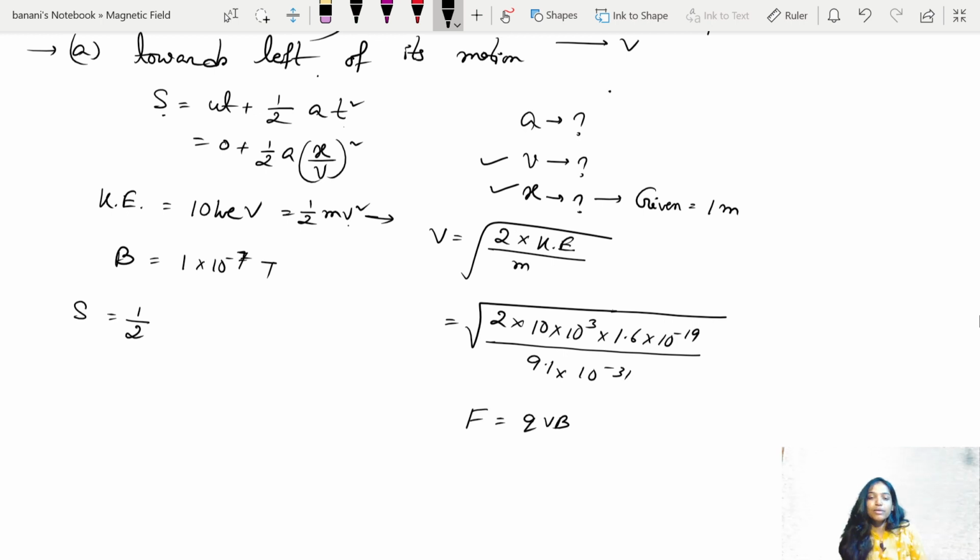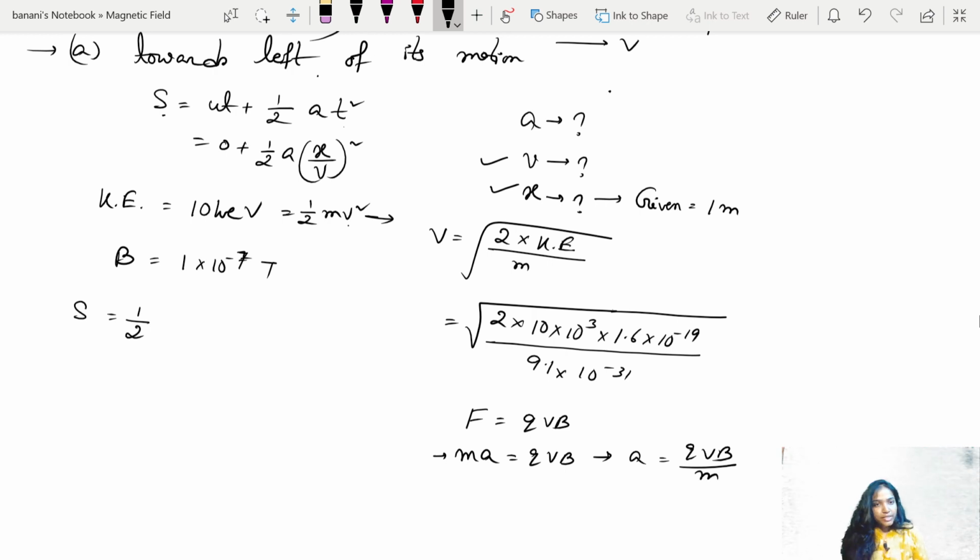V and B are perpendicular to each other, so vB sine 90 degrees. So QvB is the magnitude. That means force equals mass into acceleration, which equals Q into V into B.